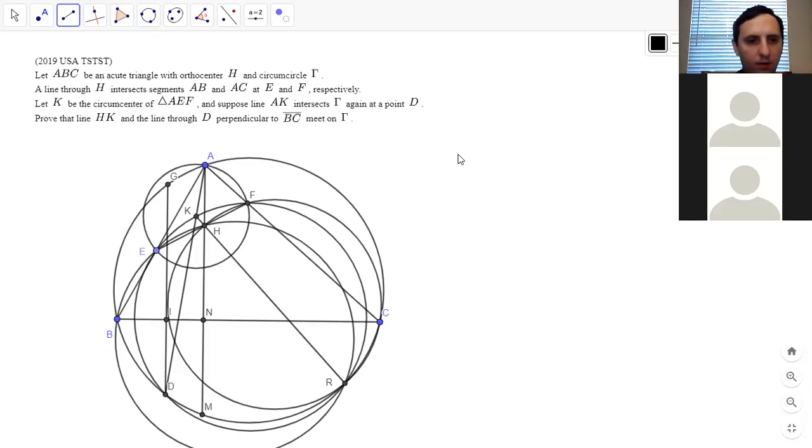So KA square equals KE square equals KH times KR. So angle KAH is equal to angle KRA. Angle KDG. I think I've got it.